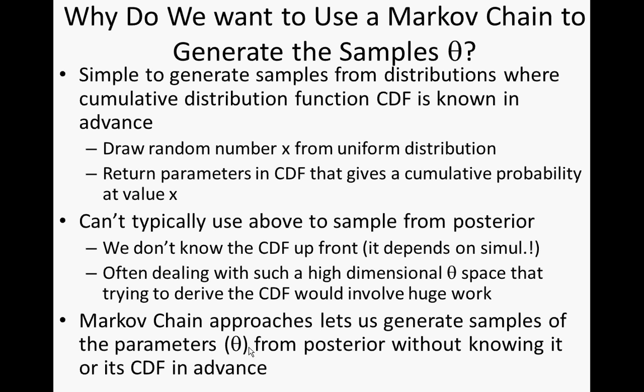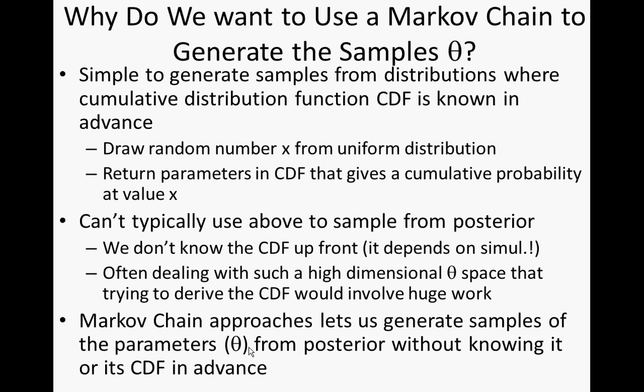The problem is that while this technique is very powerful, it only generalizes somewhat awkwardly to a higher number of dimensions, but more fundamentally, it exhibits problems when we don't know the CDF up front. If we can't arrive at a full specification of the CDF, the cumulative distribution function, we can't proceed in this manner.